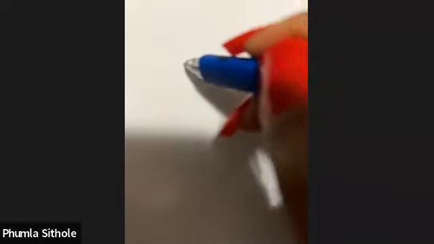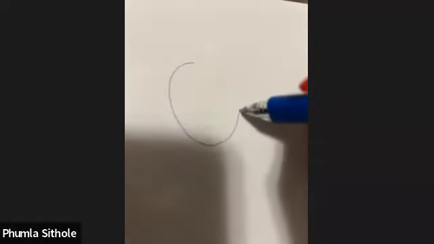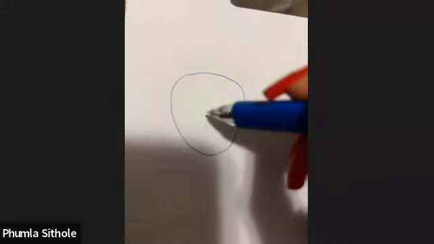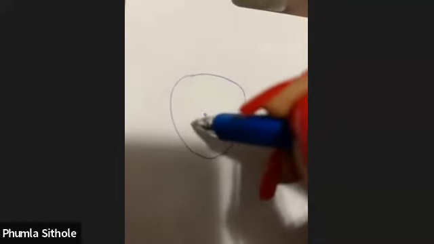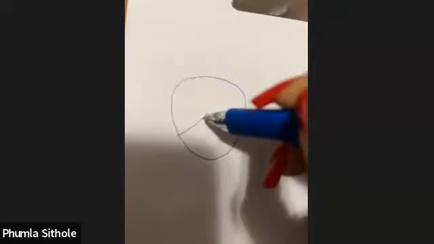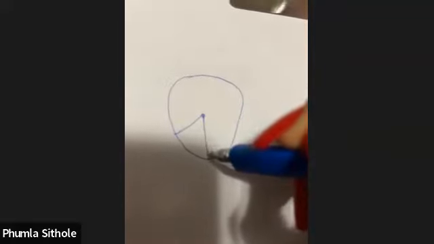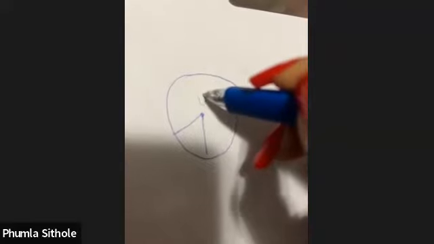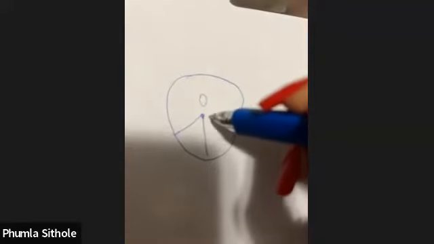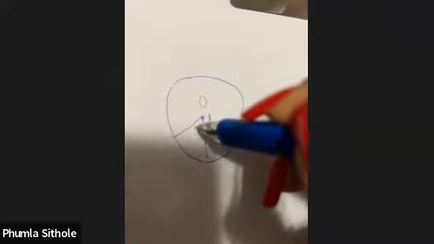So let's say you have a circle. Okay, this is your center. So this angle, you need to check where they are coming from. Let's say this was O. The outer one is 1, the inner one is 2.